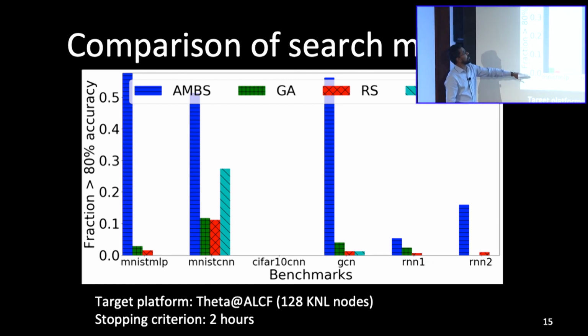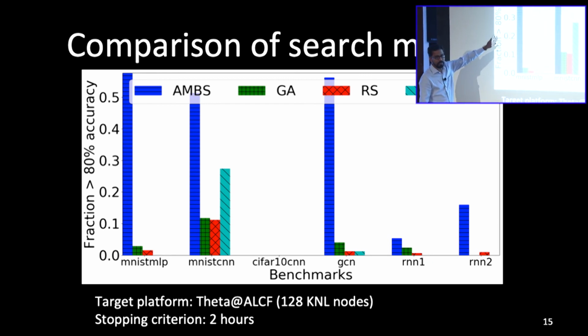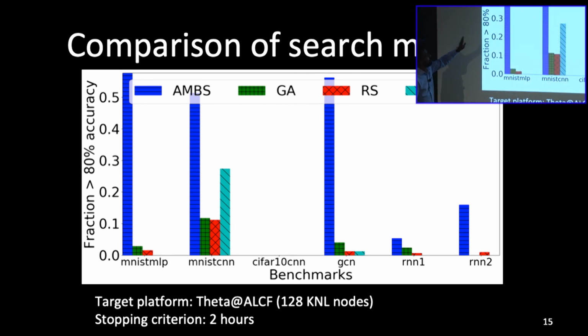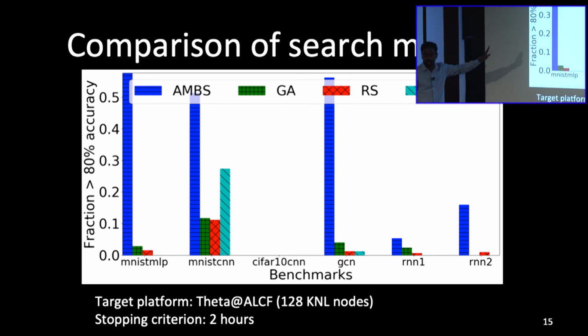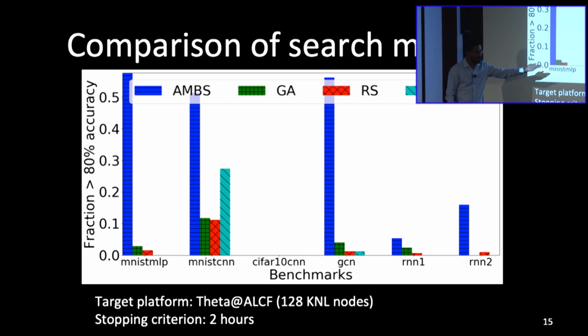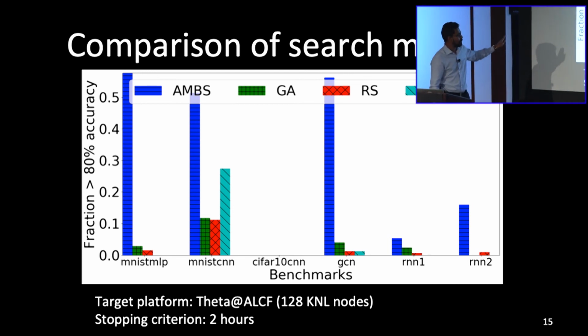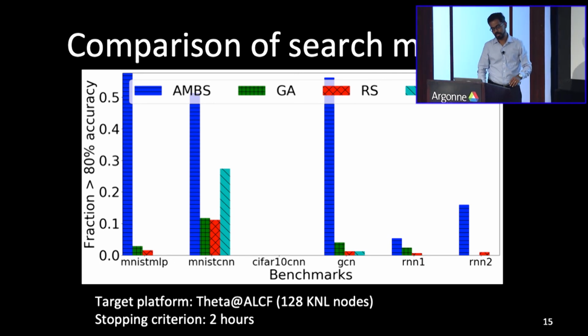So AMBS performs like, out of the total number of configurations it evaluated, more than 60% achieved more than 80% accuracy. Similarly for the MNIST CNN, CIFAR-10 there are only a few because each evaluation is a lot more expensive there, but we can see a similar trend over all these different benchmarks.